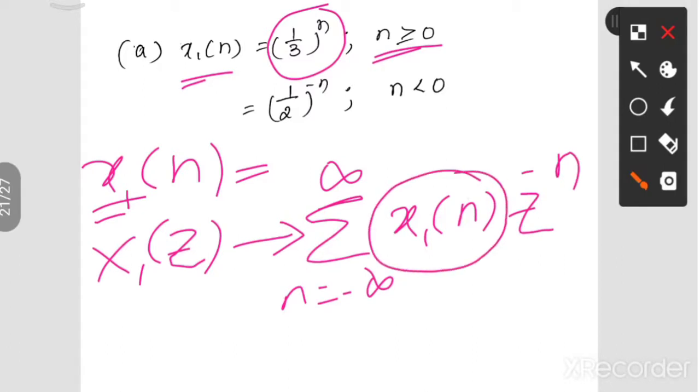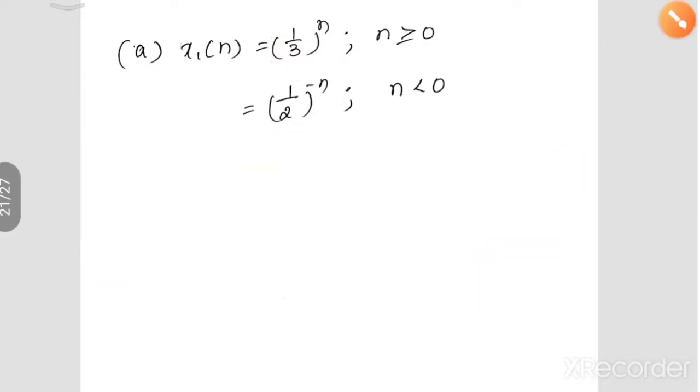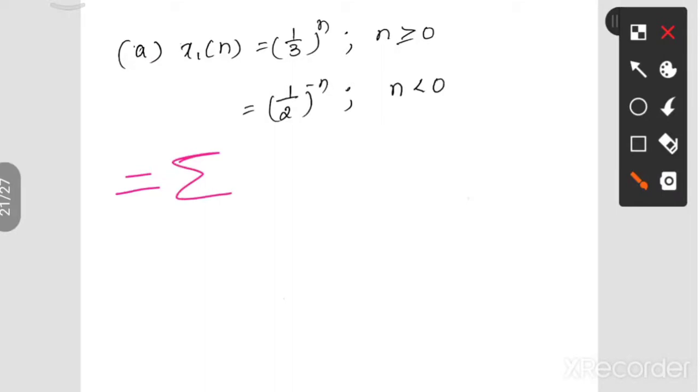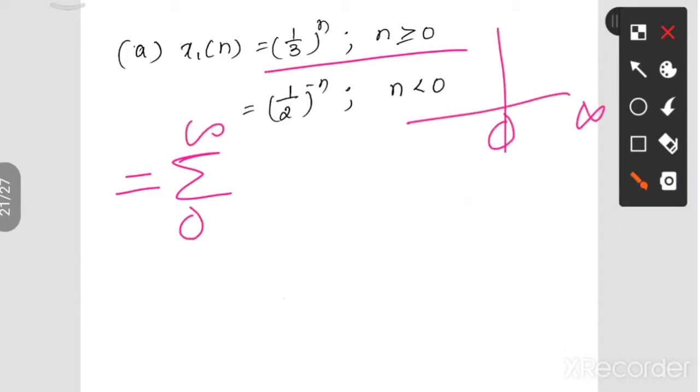Here we substitute x1 of n; the same signal has two parts. The first summation is for n greater than or equal to 0, from 0 to infinity, of 1 by 3 raised to n. This is the first signal.